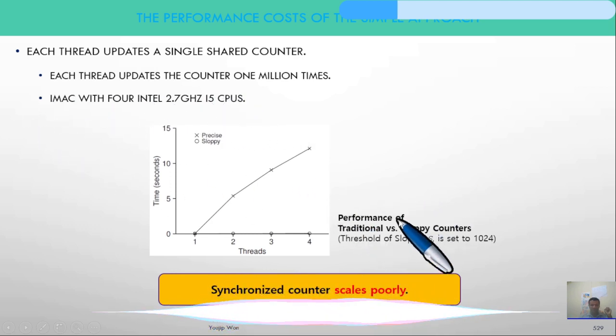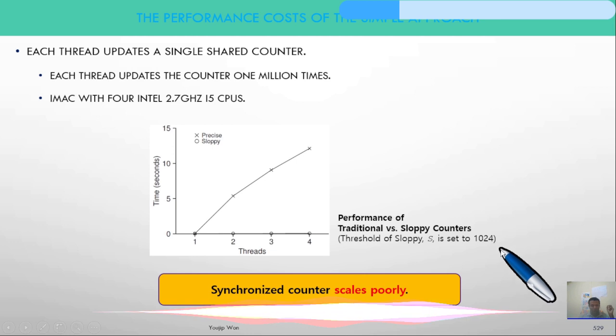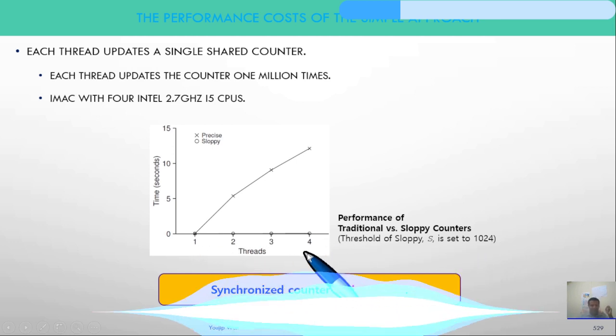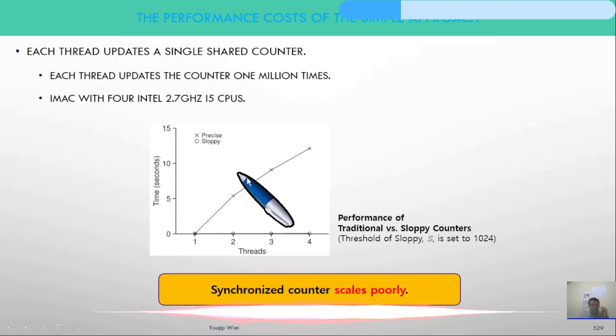As you can see here, the threshold of sloppiness S is set to 1024, with threads on the x-axis and time in seconds on the y-axis.